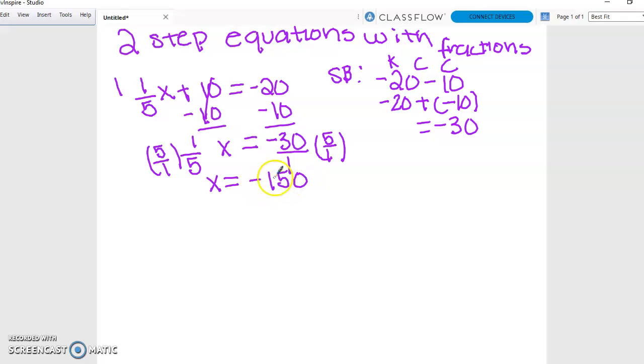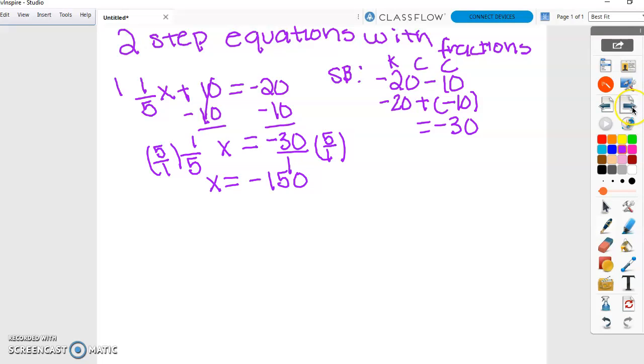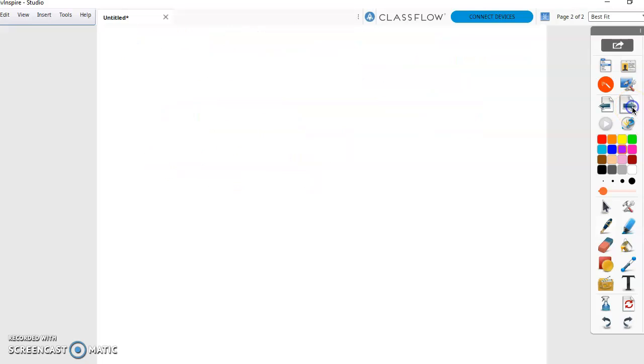But in this case, it's a negative 150 because 30 is negative, and we don't have to write the 1 because we know that this is just negative 150. All right, so we've solved for x, and x equals negative 150. Feel free to pause at any time during this video so that you can better understand.